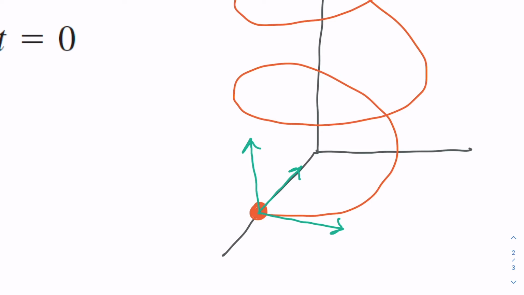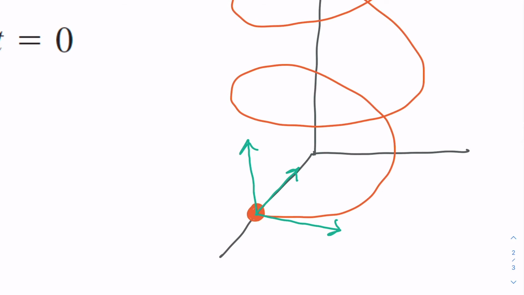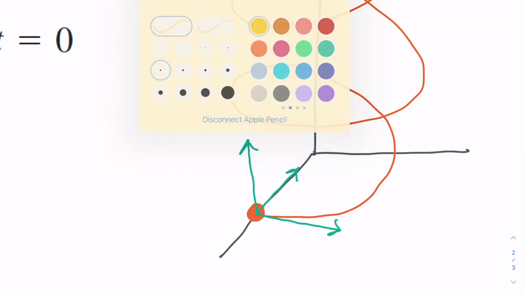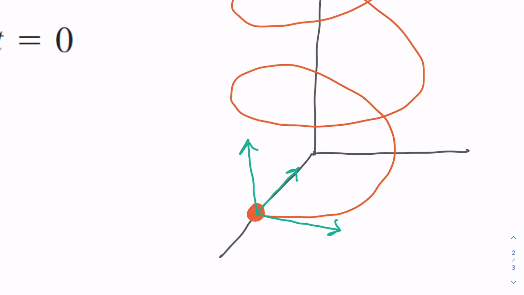So my prediction is those are going to be the vectors, and then the osculating plane should kind of look like this. It should be pretty flat and should be containing the T and N vectors at that point.